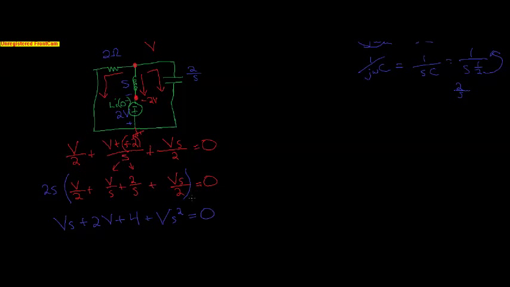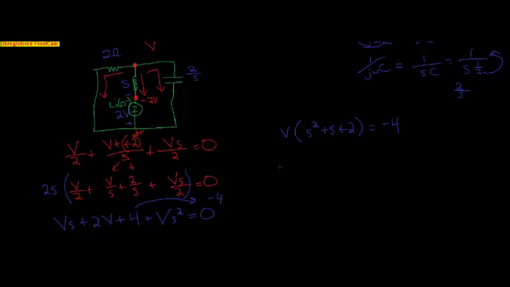Once we get to this point, let's move this over here so that this becomes -4, subtracting 4 from both sides. Then we take out the V in the next step. So V times (s² + s + 2) will equal -4.